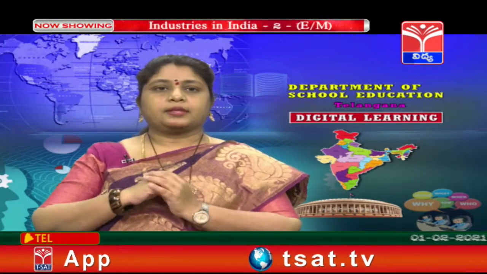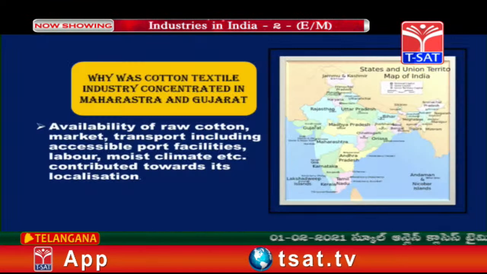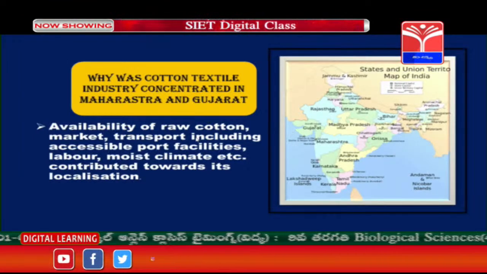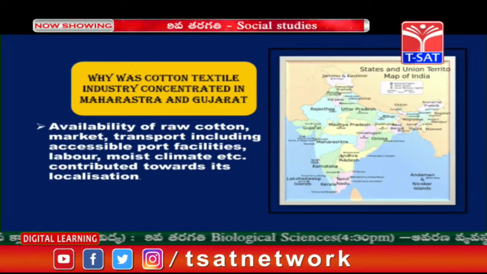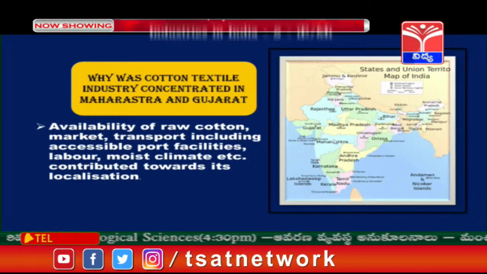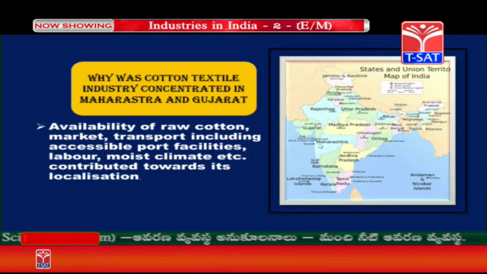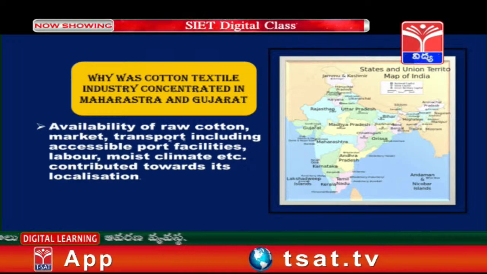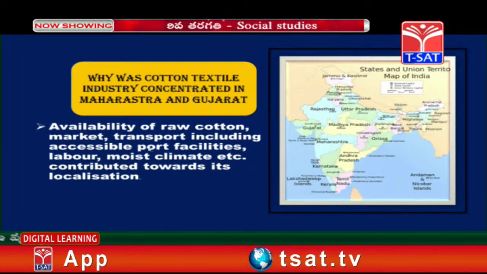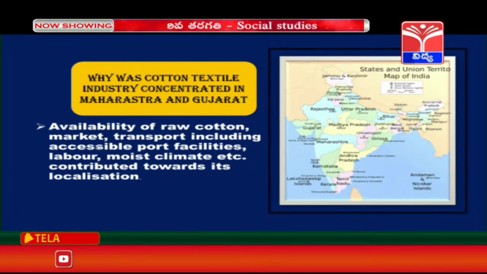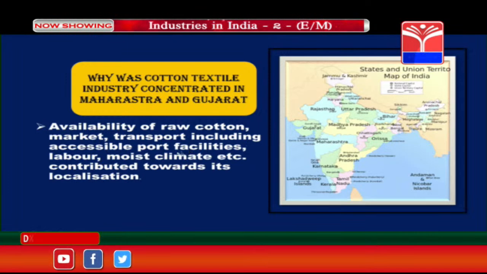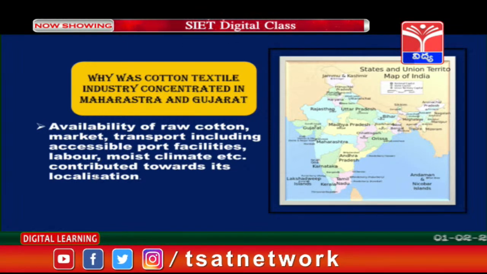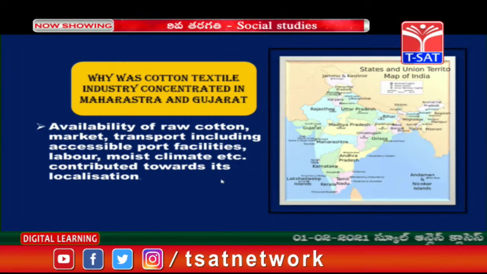Okay. Why was cotton textile industry concentrated in Maharashtra and Gujarat? So most of the cotton textiles were concentrated in Gujarat and Maharashtra. What could be the reasons? Because of availability of raw cotton, market, transport, including accessible port facilities, labor, moist climate, etc., contributed towards its localization.